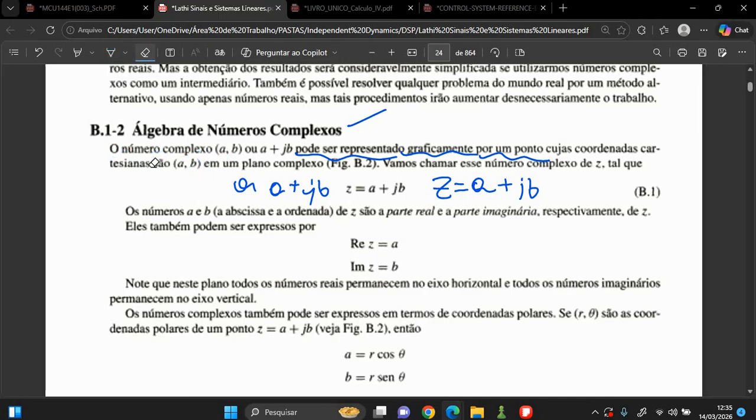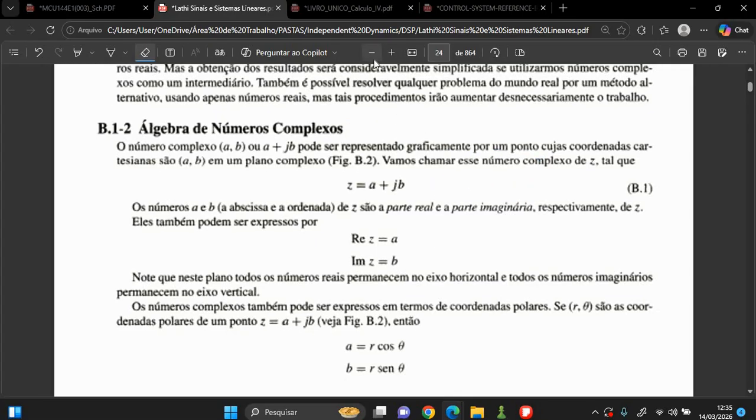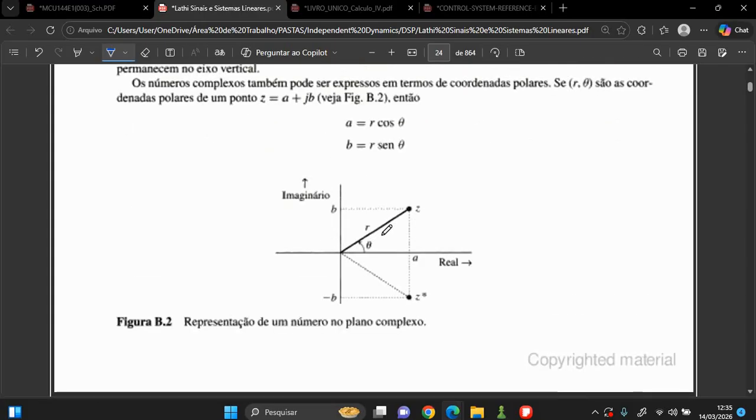And we also can split these terms and explain these terms as real and imaginary part in the complex plane, like you are seeing right here.